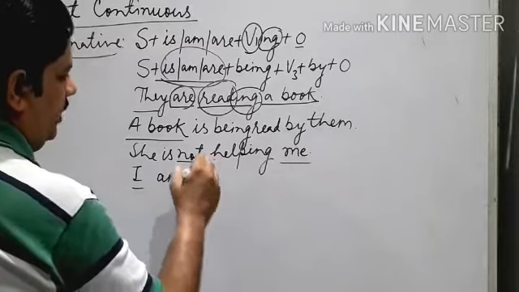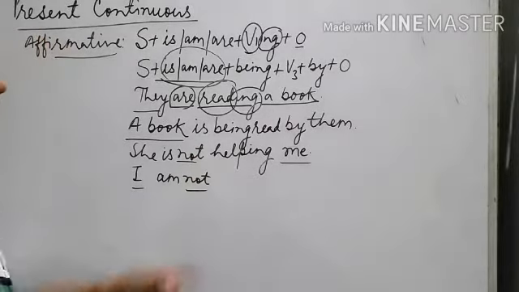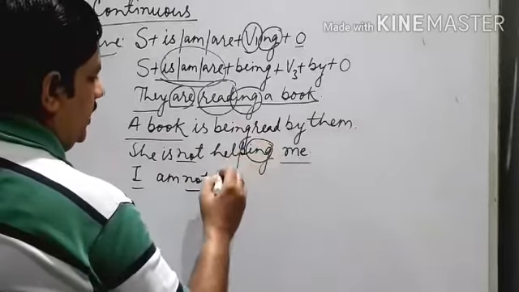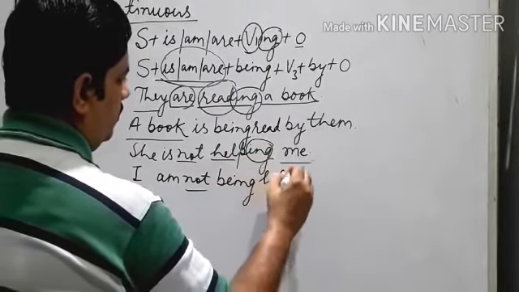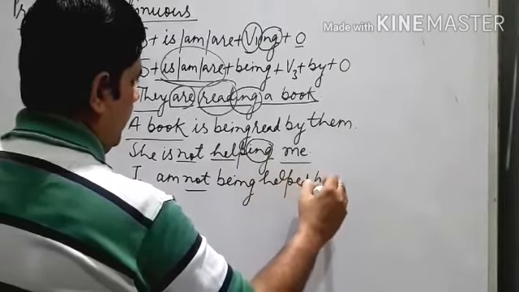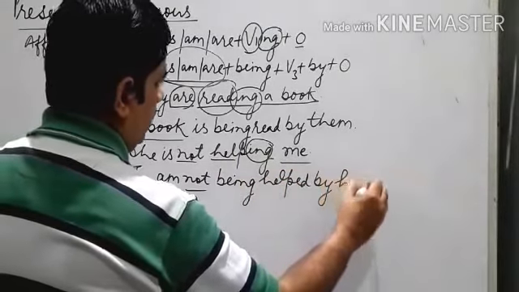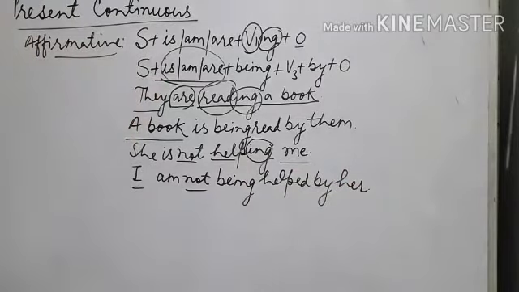Take this negative adverb as it is. Then ing, change ing into being. Help, helped, by, and her. Okay, so very easy it is.